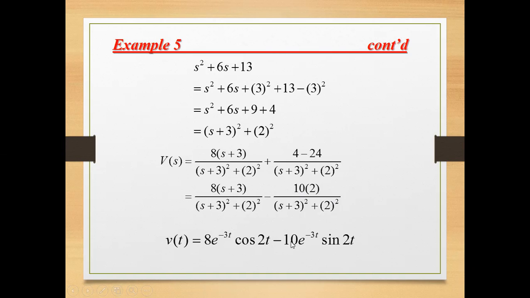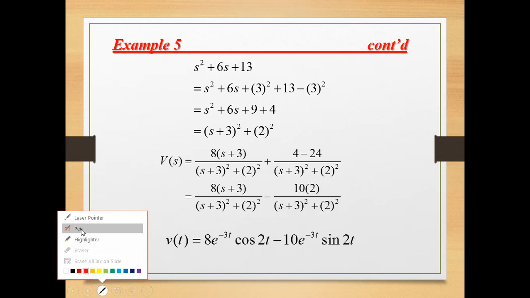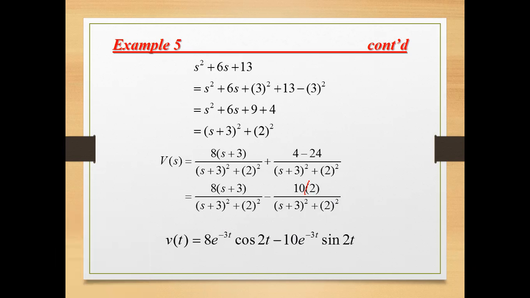Because now, the 10 will be your constant. And if you transform the e raised to minus 3t sine of 2t, that would be the transform of this 10, or rather 2 over s plus 3 squared plus 2 squared. The constant is separated. That's one like this. The same thing is true with this.